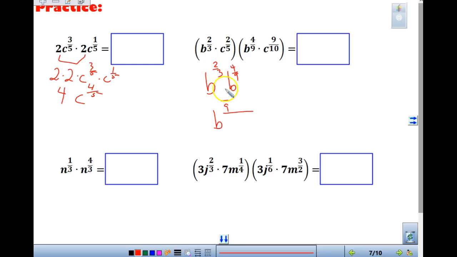How many 9ths am I talking about? 6/9 plus 4/9. I'm going to regroup my c's, and I had 2/5 times c to the 9/10. Again, c, and I'm adding 2/5, I need to go with 4/10, right? And 9/10.